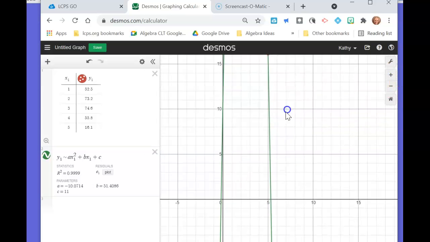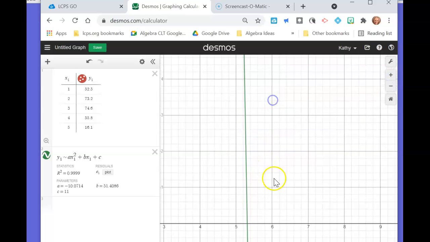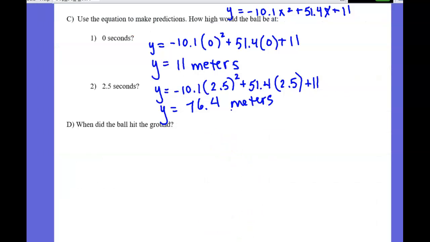It's crossing the x-axis a little bit more than 5, right about 5.3. So it's going to be about 5.3 seconds. The other thing you could have done here for a precise answer is to put these values, A, B, and C, into the quadratic formula. So this is going to be approximately 5.3 seconds.